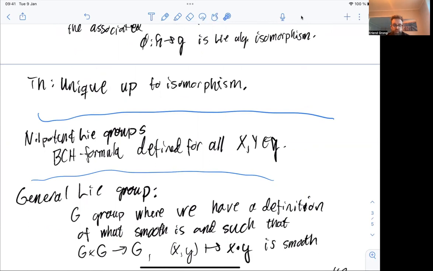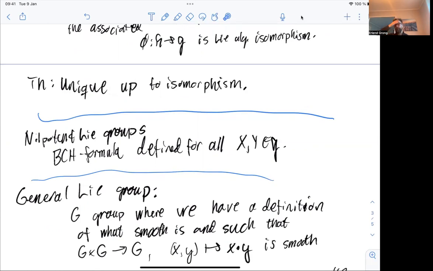This has also been given as an exercise for earlier weeks, but one of the important things is that you can do the Baker-Campbell-Hausdorff formula explicitly because the series eventually terminates, so you can define it for all elements.